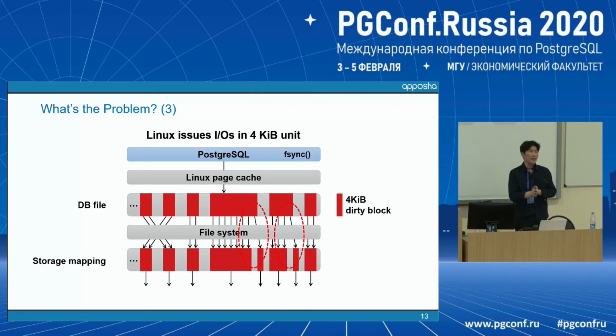So it may not be sequential, because the file system allocates in 4 kilobyte units. So the final result is that, for this example, Linux should issue 8 IOs to storage, right? It means it consumes 8 IOPS in your IOPS budget for the cloud storage.